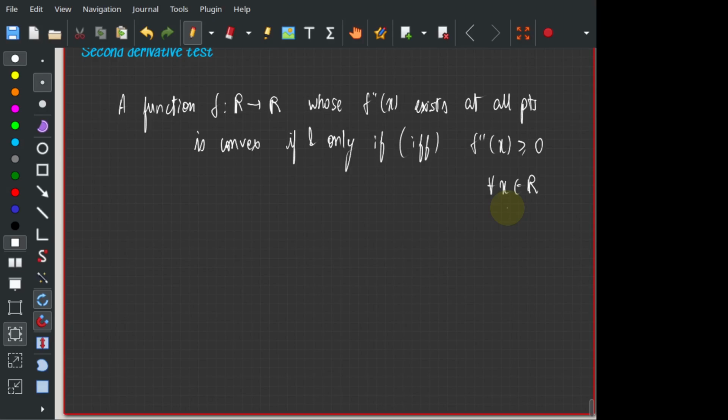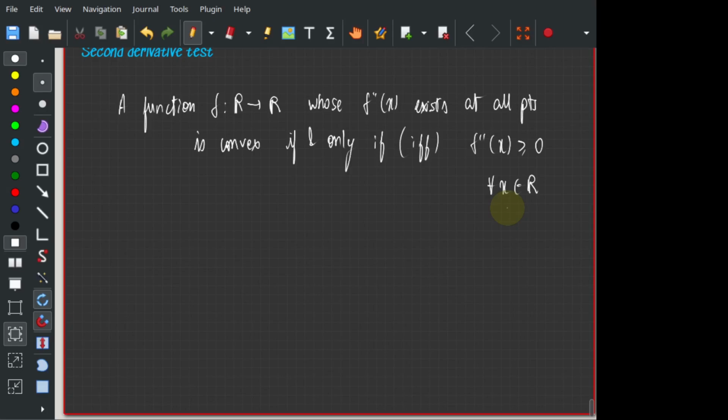First, if the second derivative exists and it is convex, then we have to prove that the second derivative is always greater than or equal to 0. The other part is if the second derivative is always greater than or equal to 0, then it is convex. So that's why it's an if and only if statement. The implication goes on both sides.